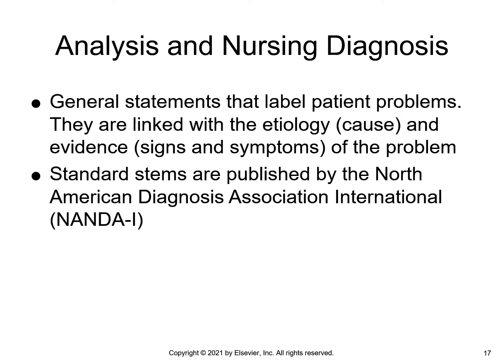We then develop a prioritized list of patient problems, and we focus on actual problems and potential problems that we can work on independently. Okay, so we actually use independent nursing interventions, and we don't have to have a doctor's order to do nursing interventions.